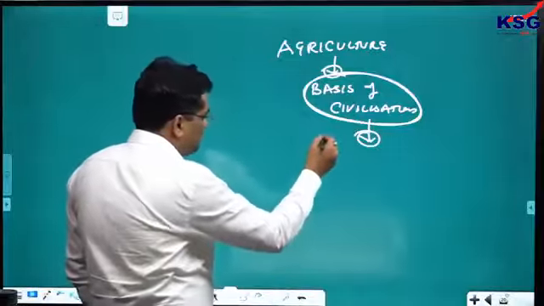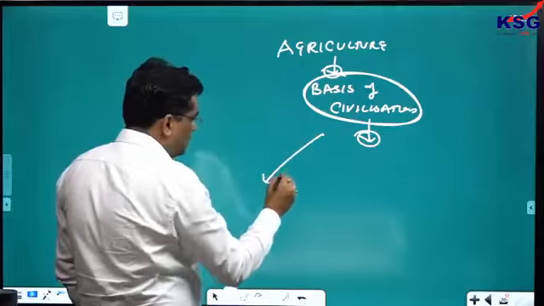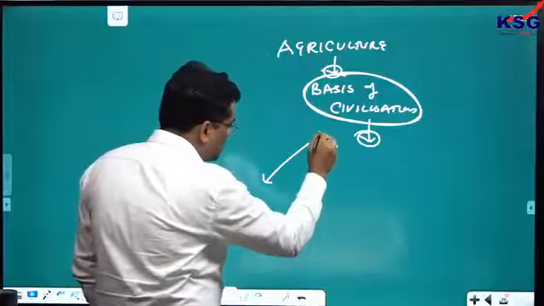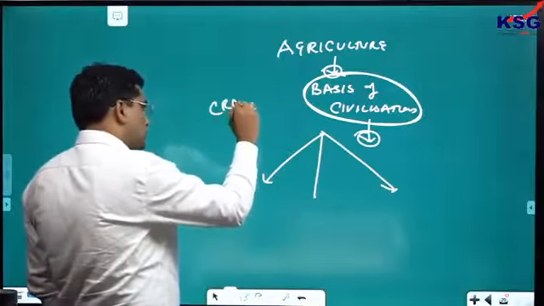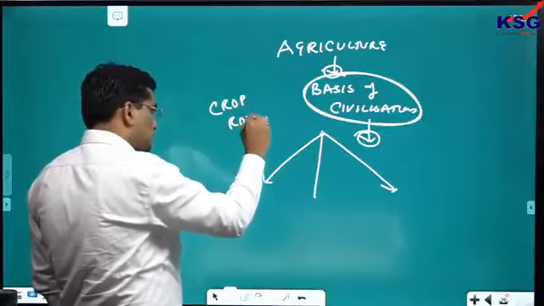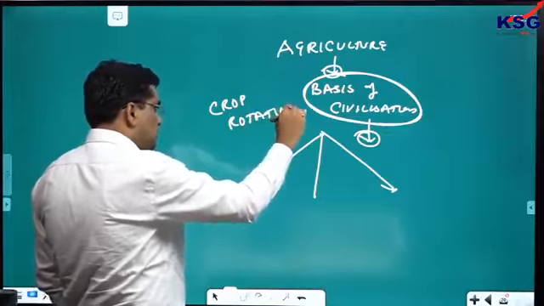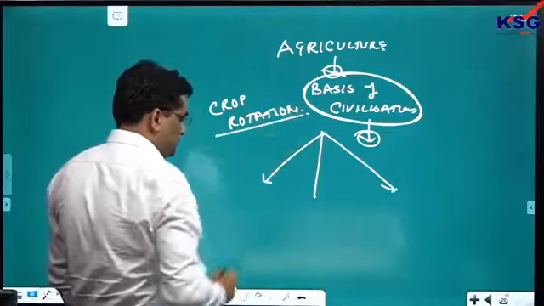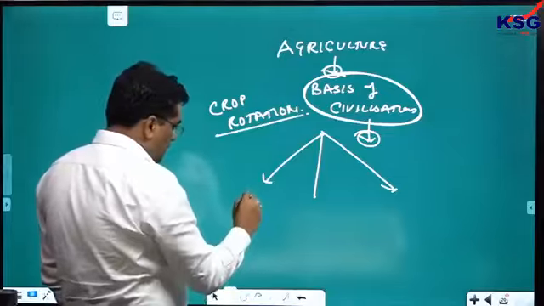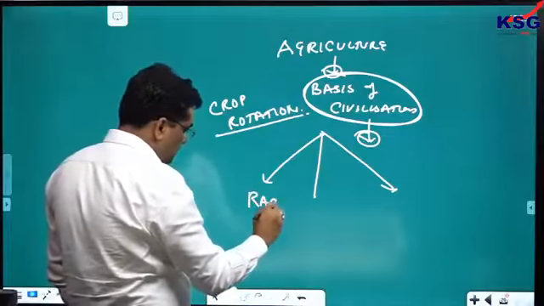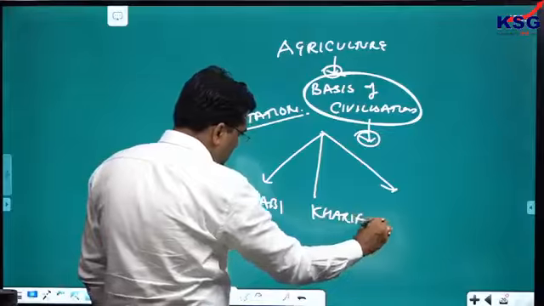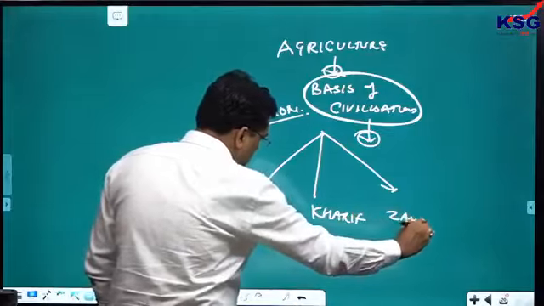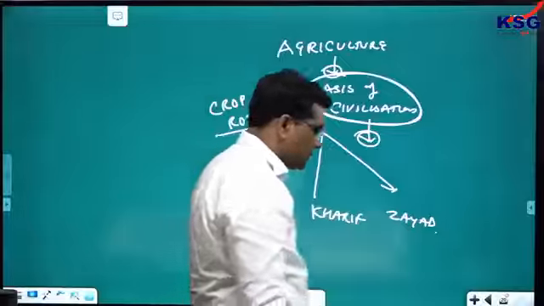So they were having all the three types of the crop. They know about the crop rotation. Like Rabi, Kharif and Jaid.